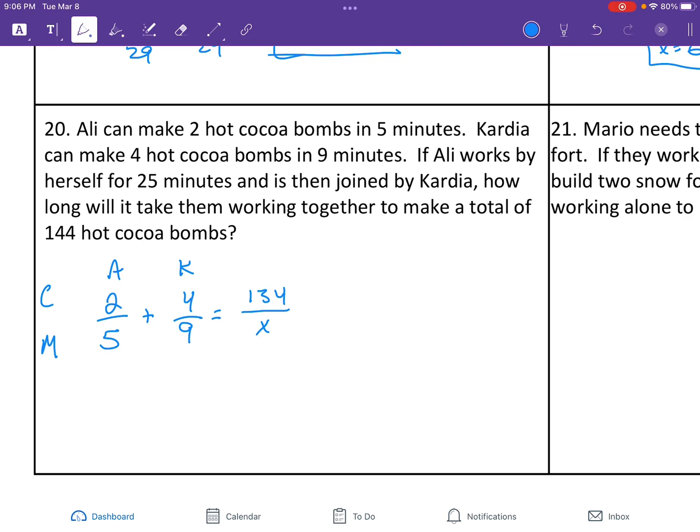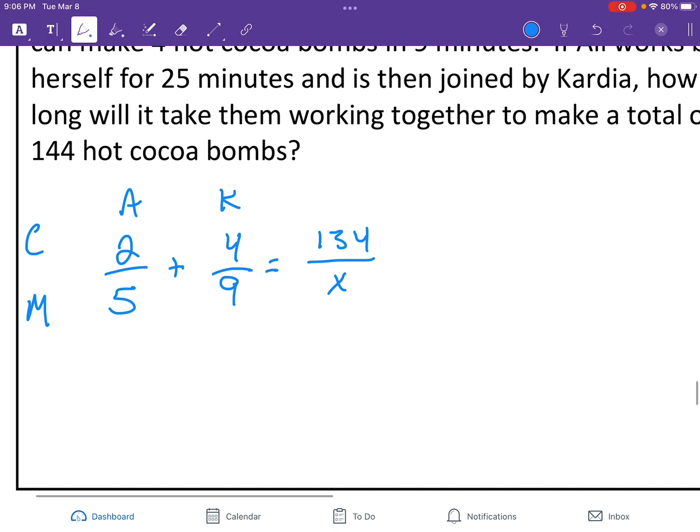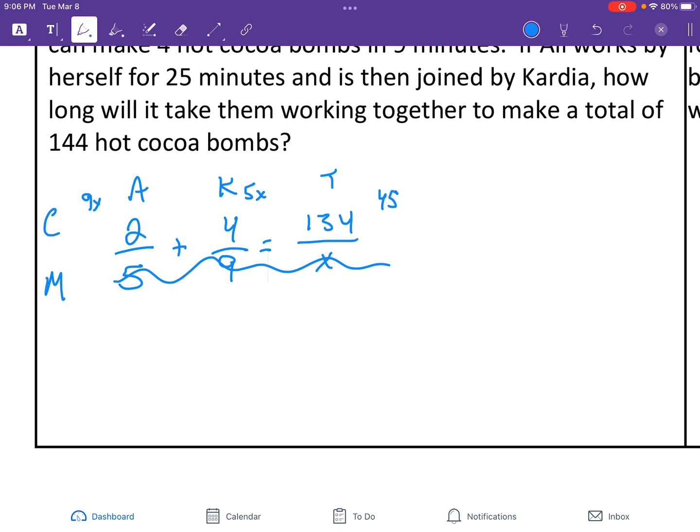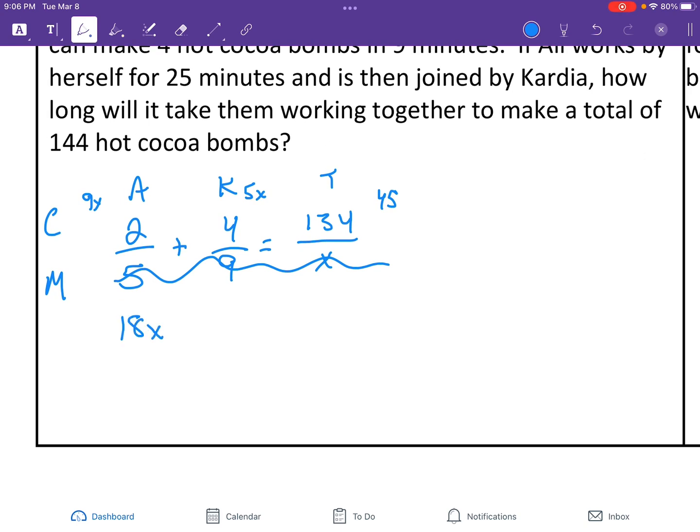All right. So we're missing 9 and x from the 5. 5 and x from the other, what is her name? Cardia. And we're missing 45 for the total. Get rid of that. So we have 18x plus 20x equals 134 times 45, which is 6,030.